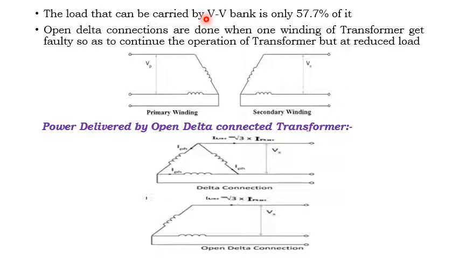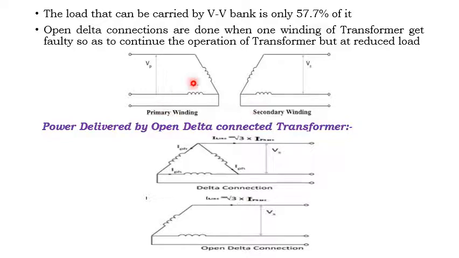So open delta carries the load of only 57.7% of the delta-delta transformer. Open delta connection is done when one winding of the transformer gets faulty, so as to continue the operation of the transformer but at a reduced load.